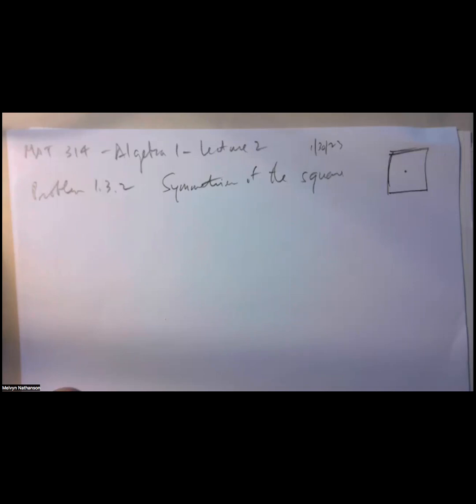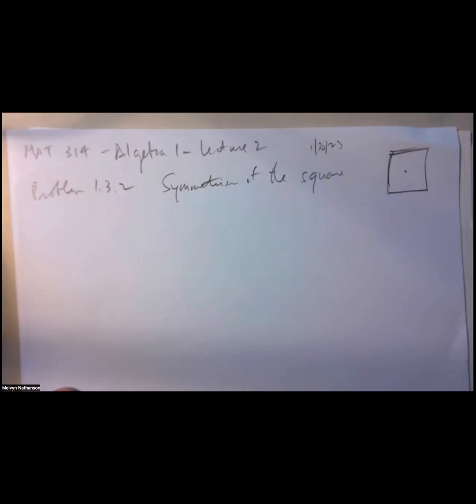C is the rotation through the diagonal from the lower left to the upper right. And D is the rotation through the diagonal from the lower right to the upper left. So those are the 8 symmetries of the square.